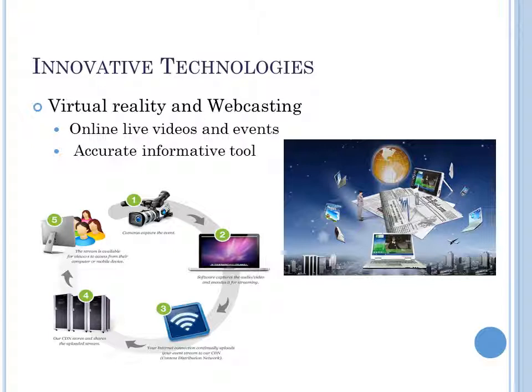Webcasting, however, is a media presentation that provides online live videos and events, and customers would have more accurate information about the places they want to visit, and it would also help companies to attract tourists through reality advertisements. However, on the other hand, it has some drawbacks: these tools could lead customers to lose their motivation to travel or visit those places, since they think they would enjoy these aspects through that technology.